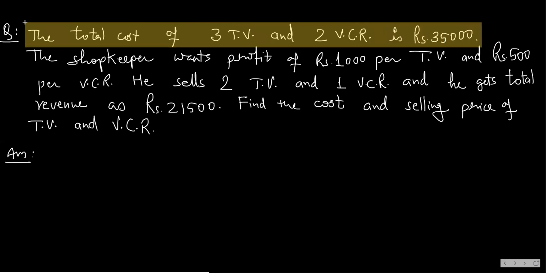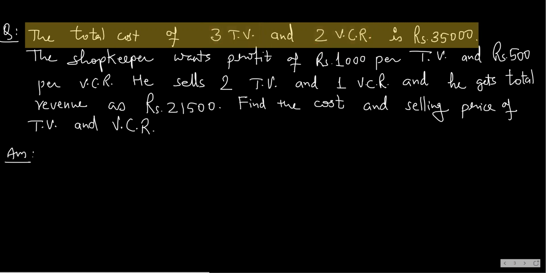So 3 TVs and 2 VCRs is costing rupees 35,000.